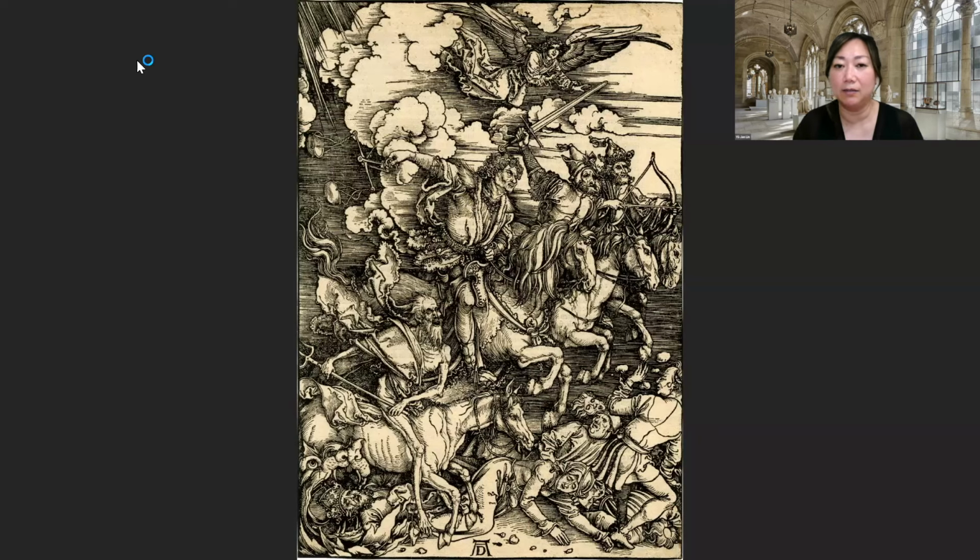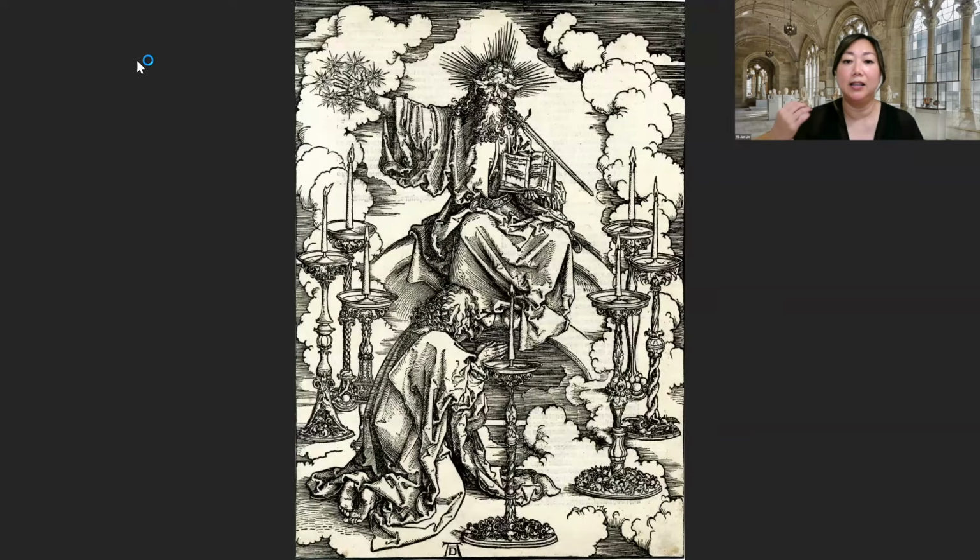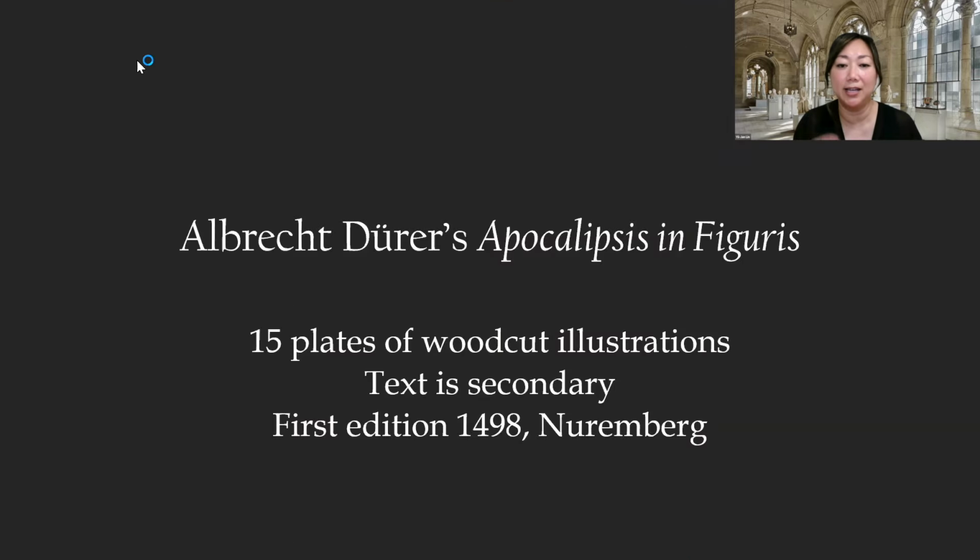And here what's interesting about Dürer's is that the focus is no longer so much on the text. As you've seen, this is presented as the apocalypse in figuris, the apocalypse in figures, with illustration as if that is the main focus. It is the main focus. The 15 plates of the woodcut are the primary focus of that edition, not necessarily the text.